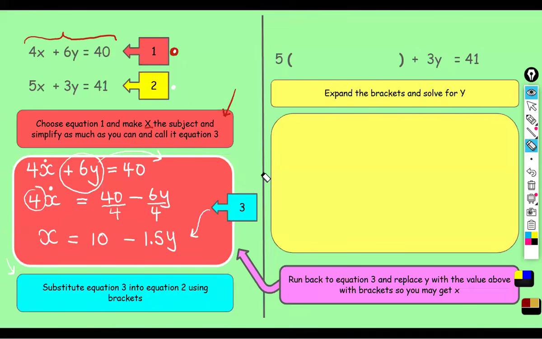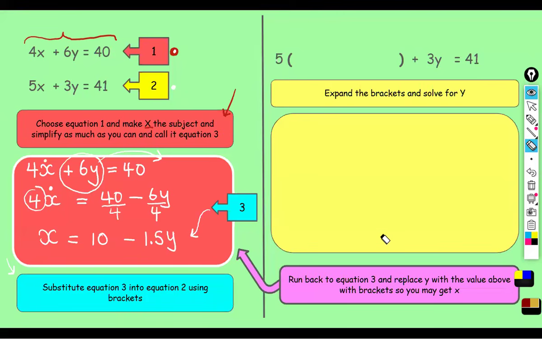Take down the instructions in blue directly below. So let's read those instructions again. In blue, it says substitute equation 3 into equation 2 using brackets.